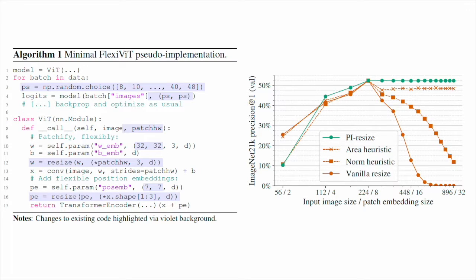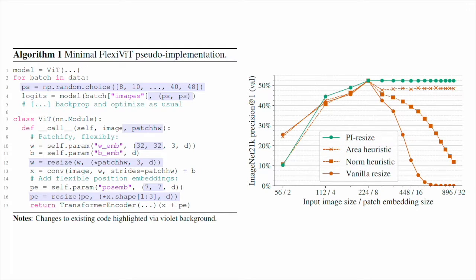To solve this problem, the authors formulate an optimization problem to minimize the square of the difference between the dot product of the patch and the embedding weights and the dot product of the resized patch and the new resized embedding weights. They show that the optimal solution in this case is the pseudo-inverse of the bilinear resize operation matrix.